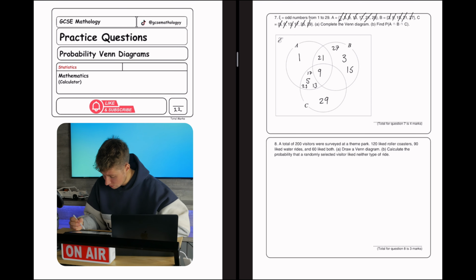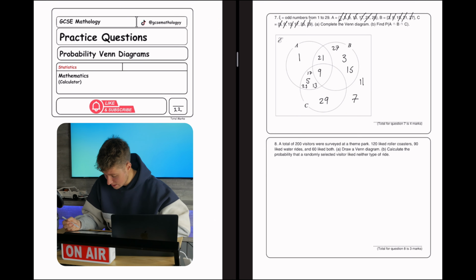So we've got 1, 3, 5. We don't have 7, so 7 needs to go on the outside. We've got 9. We don't have 11. Next one is 13. We have 13. The next one is 15. We have 15. The next one is 17. We have 17.